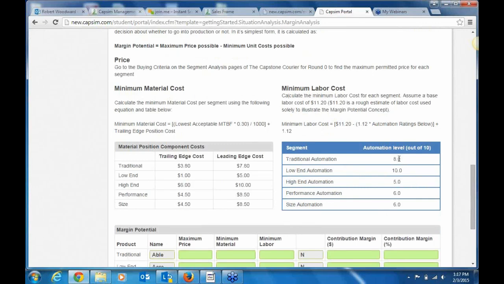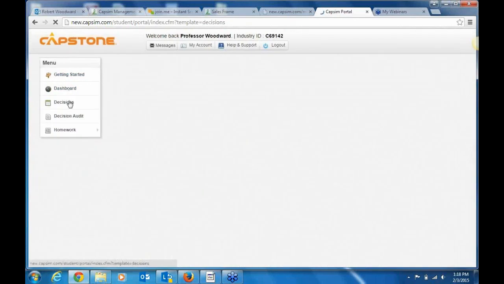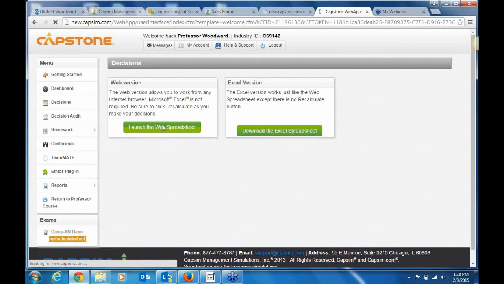So we got 8s and we got 10 for low tech, and we got lower ones for others simply because they change faster. While that affects R&D, which isn't exactly your department, because it affects them, I'd recommend you would want to communicate your plans in terms of automation with them. Now, going back to my spreadsheet, we'll open it up to questions in just a minute or two.